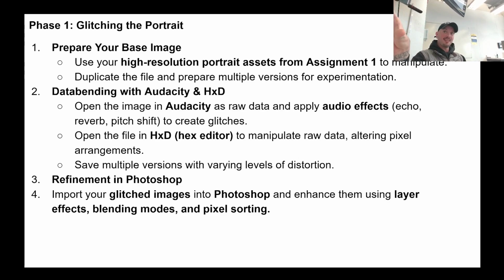Has anyone ever done anything like this before? Good. We will try it out. So we're messing with files and we're forcing them into programs that they're not meant to be in. And then we're going to spit that back out and make a different image from there.